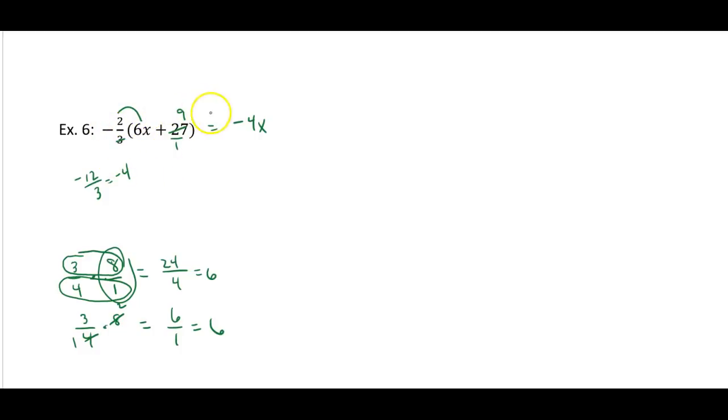So basically negative 2 times 9 is minus 18. And you are done. You could also do negative 2 times 27, all divided by 3, which gives you negative 54 over 3, which is negative 18. So either way you do it is not a problem. Or you can just do it in your calculator. I like to do it in my head because it's much faster.